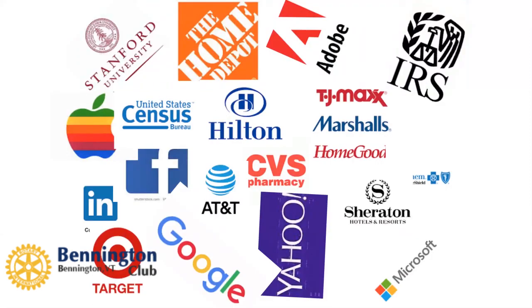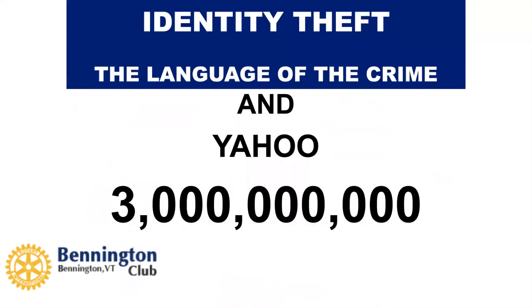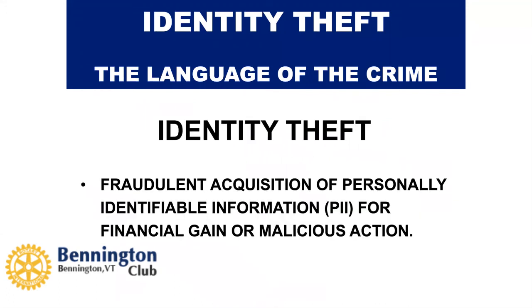So if you see things that you recognize, places that you may have an account, U.S. Census Bureau has your information, the IRS does, or you've used a credit card at one of these businesses, your information is compromised. It's not whether or not it's been stolen or there's been identity theft here, it's how many times. Yahoo's the big culprit on the block here. 3, that is, billion accounts were hacked.